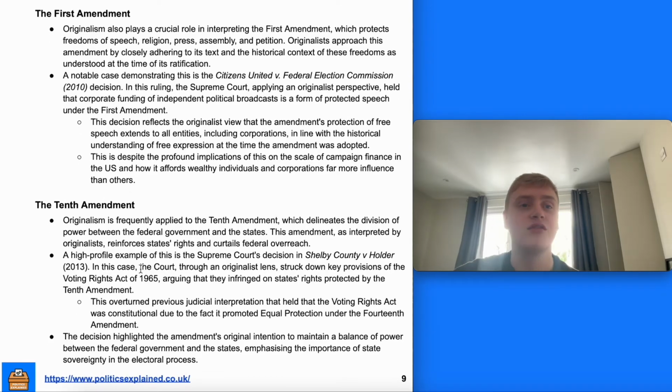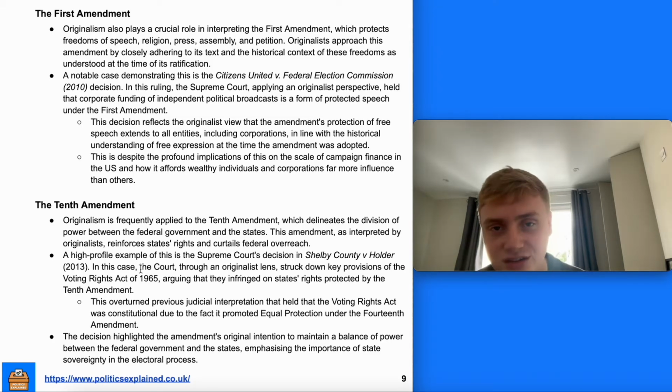We can see this in a number of cases, for example in relation to the First Amendment, which protects freedom of speech, religion, press, assembly, and petition. An originalist approach to this amendment closely adheres to its text and the historical context of these freedoms as understood at the time of its ratification.